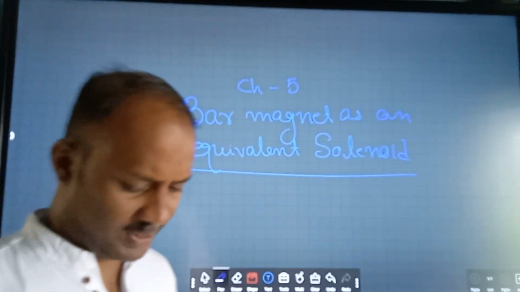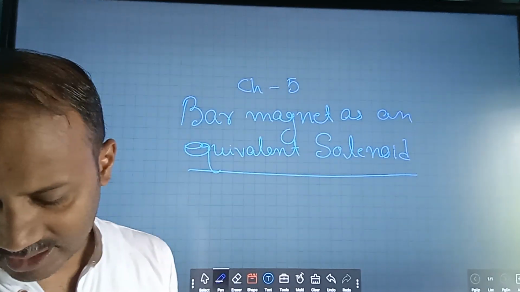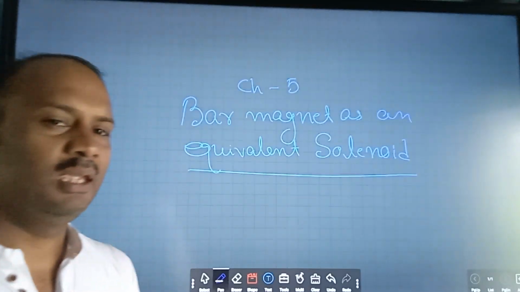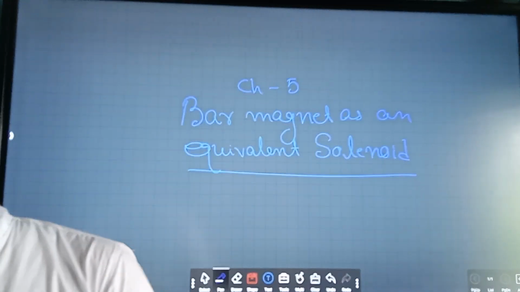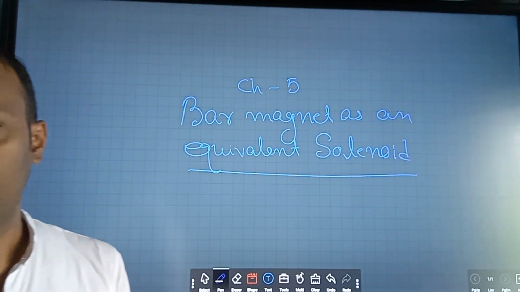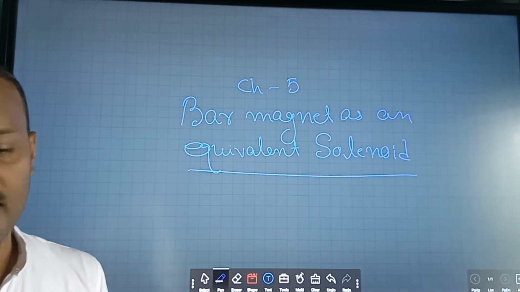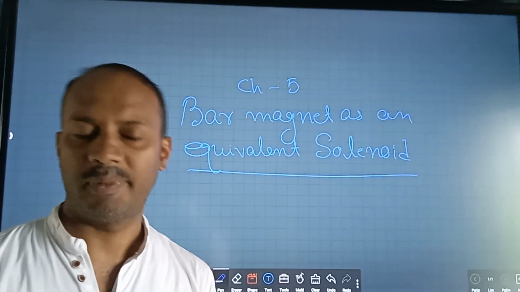So in the previous class, we know that a coil, when current passes through it, behaves like a magnetic dipole moment.